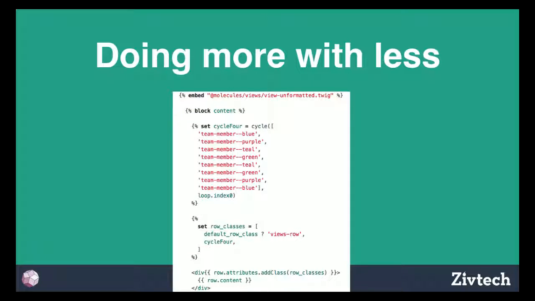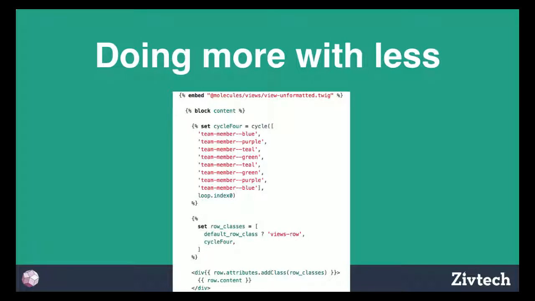So she used this crazy cycle tool that will automatically cycle through these elements as the individual items get printed. And so here she's setting the row classes to this cycle of 4.